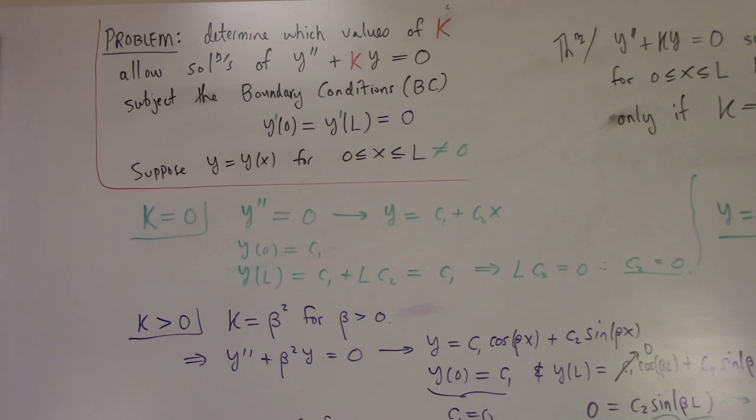When L is, well, how do I say this? For this to be 0, you need t to be a multiple of L. In other words, this L has to be some multiple of the period for the system.